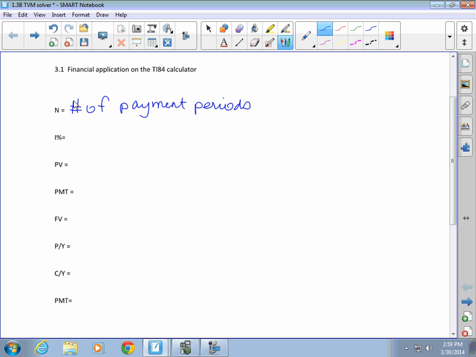Your N would be 20. Your I% is your interest per annum, so the interest that you're earning every year. So in that last question, the interest per annum would have been that 13.6%, I think it was.